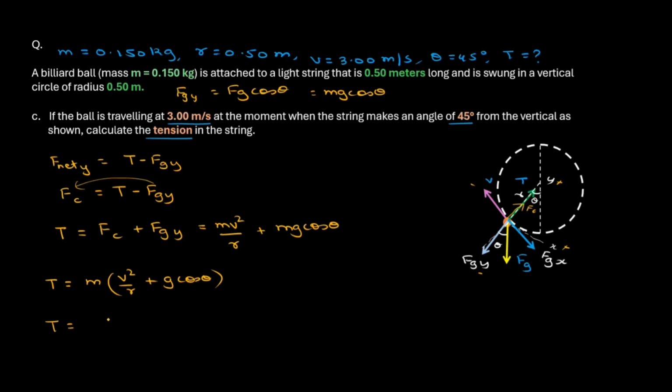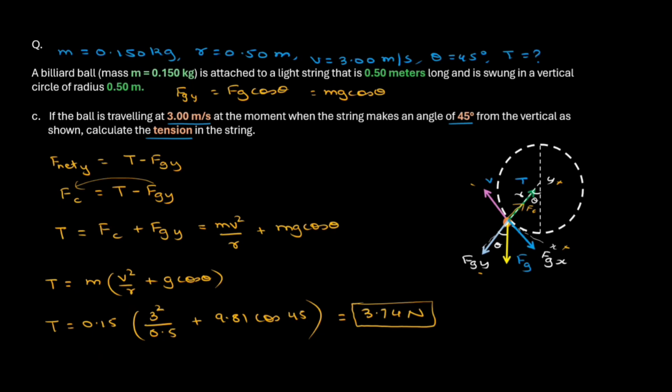T will be m is 0.15, v is 3 squared, r is 0.5, g is 9.81, cosine of the angle 45. And when you solve this, you get tension in the string to be equal to 3.74 Newton.